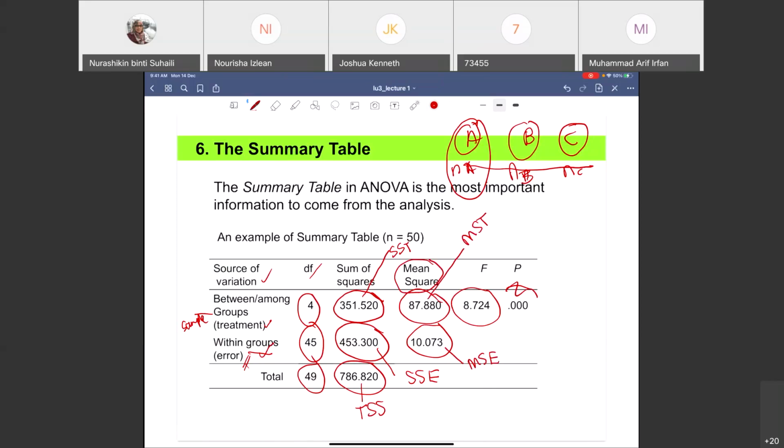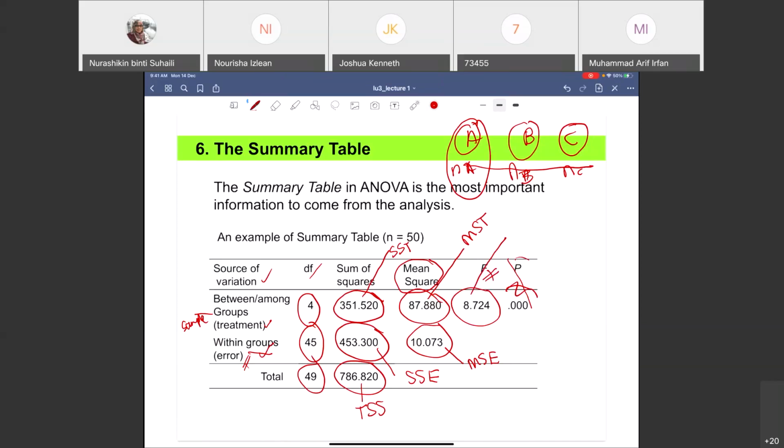And finally, you have P. You just ignore P first, because it will be generated if you use statistical software to calculate. But if you just calculate by hand, you just end up with the value of F. So this is the F that you are going to calculate.